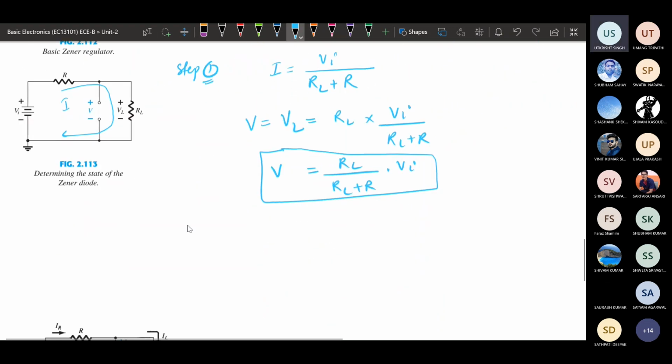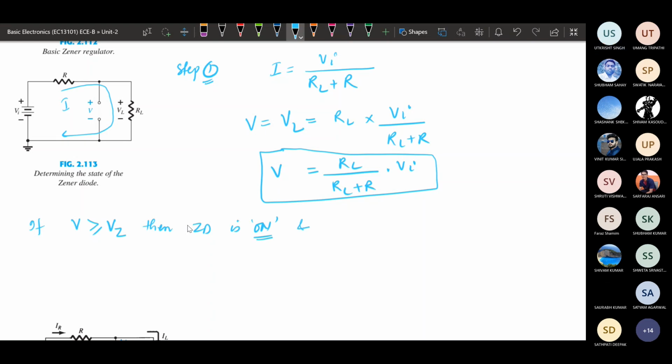Now we need to check whether this V voltage is greater than or equal to Vz or not. If V is greater than or equal to Vz, then the Zener diode will be operating in on mode, and on mode means in breakdown region.